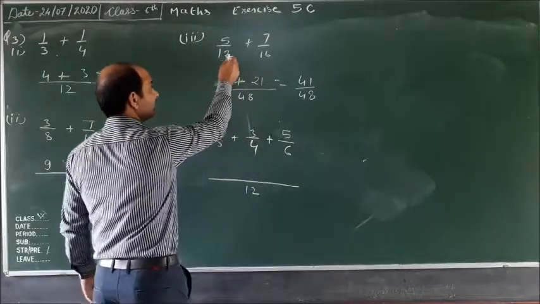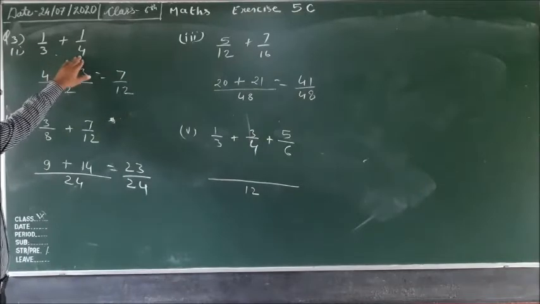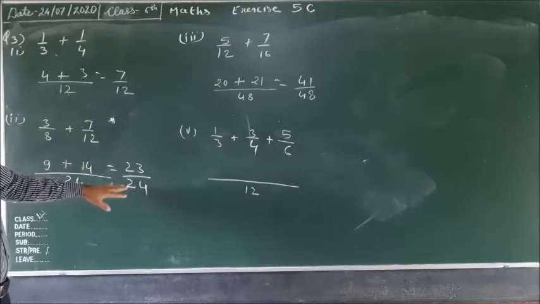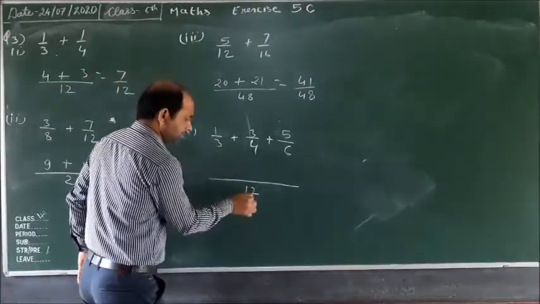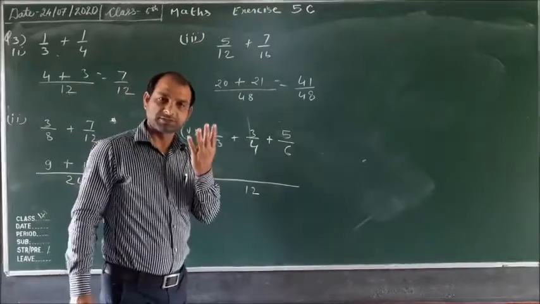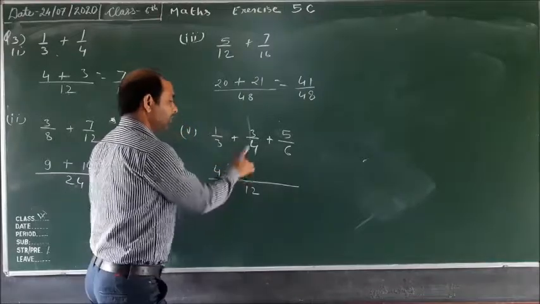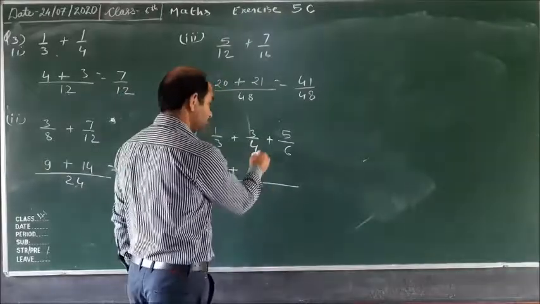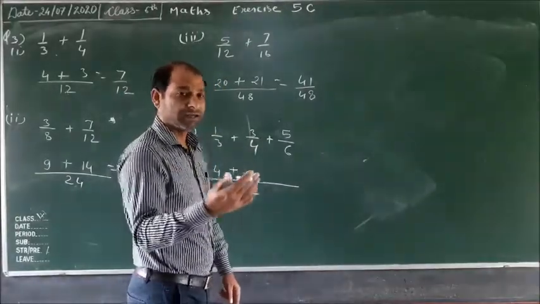The LCM of 12 and 16 equals 48. LCM of 3 and 4 equals 12. LCM of 8 and 12 equals 24. Okay? Now, 12 divided by 3 is 4, and 4 multiplied by 1 equals 4. 12 divided by 4, the answer is 3, and 4 times 3 is 12.